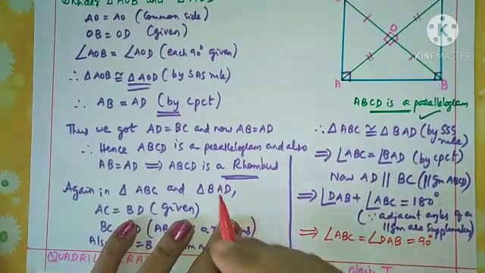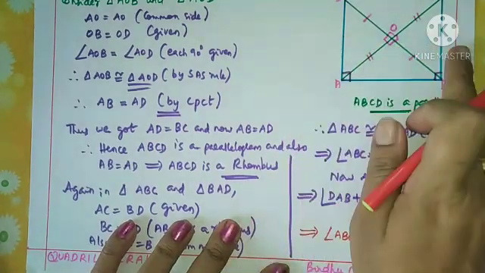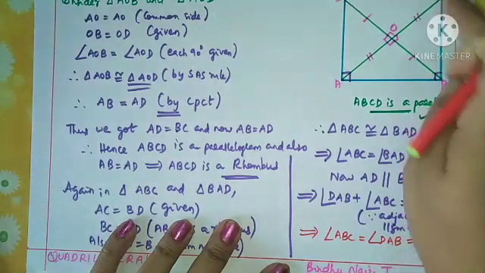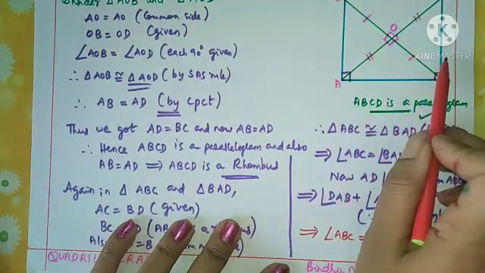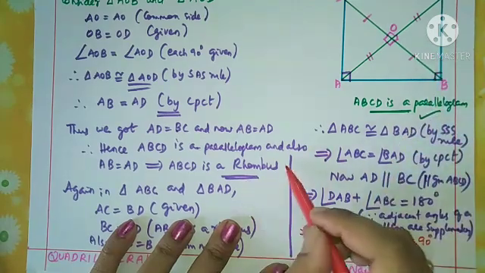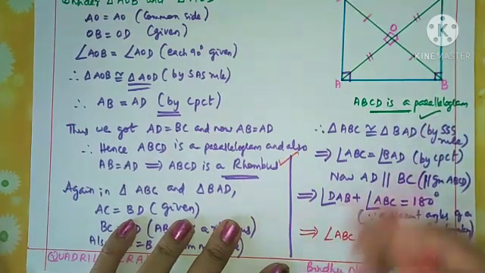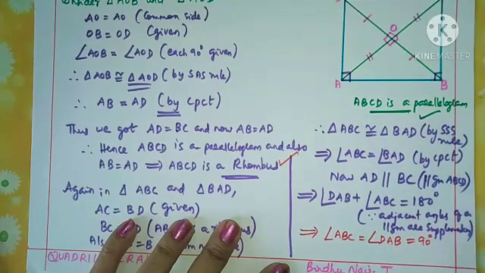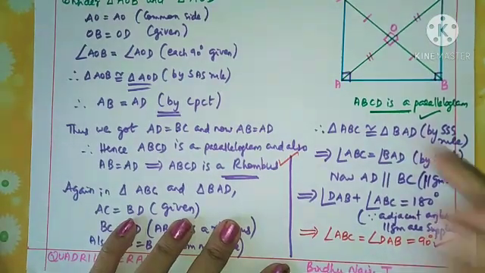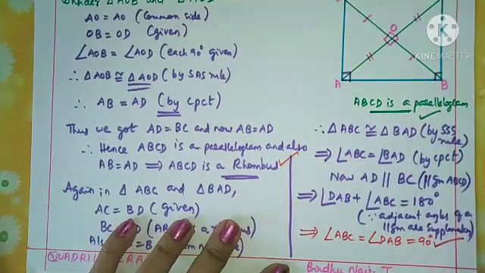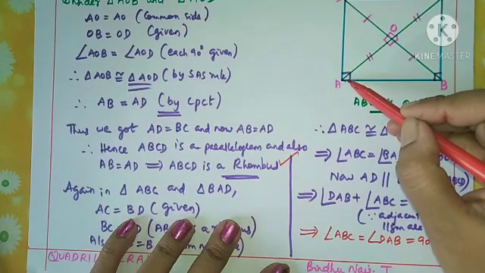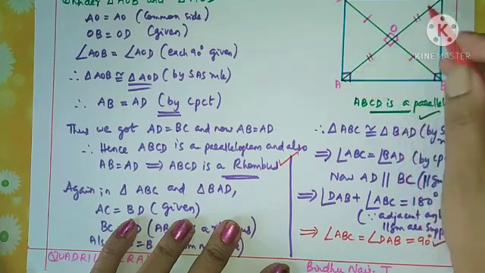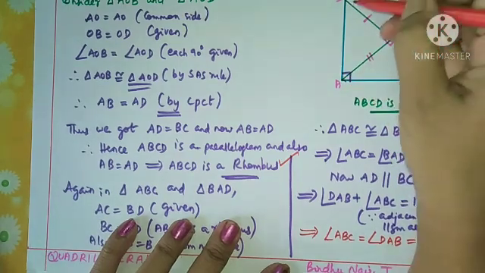So from all these we got all the four sides equal. First we proved this is a parallelogram by proving opposite sides are equal. Then we proved ABCD is a rhombus. So we got all the four sides equal. Now we proved each angle is 90 degrees. Because this is a parallelogram, we proved opposite angles equal, so if this angle is 90 degrees, D is also 90.